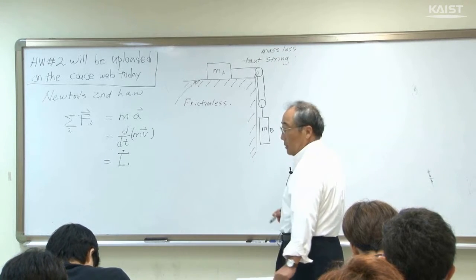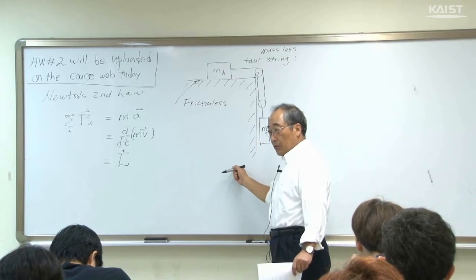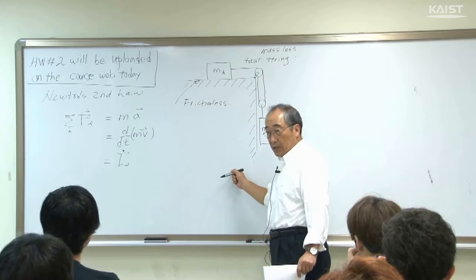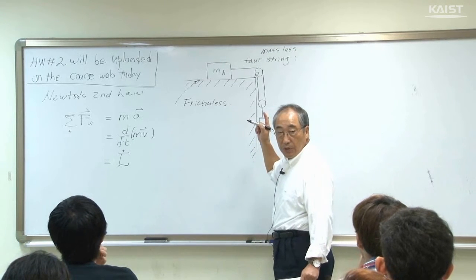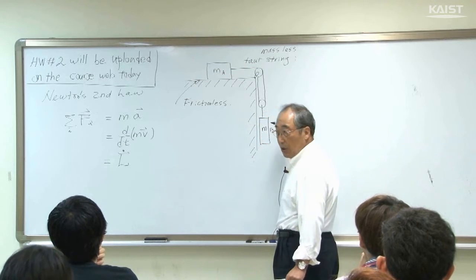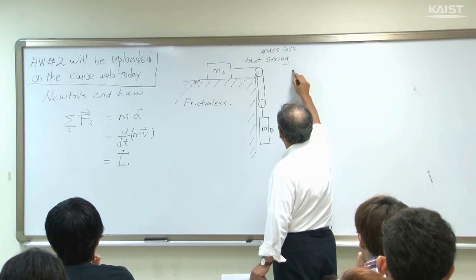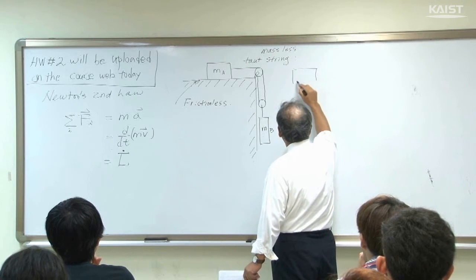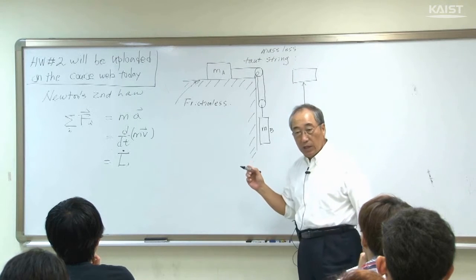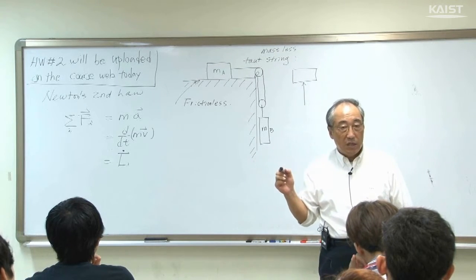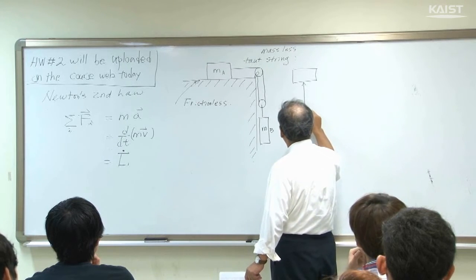One possible approach to apply Newton's second law on this two-mass system would be like this. One brave student attempted to apply Newton's second law to this system. First step, we have to find all the forces acting on the mass. There could be some normal force.